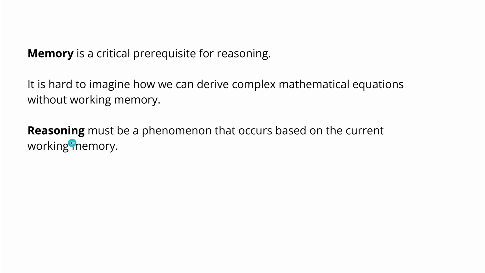Because Google argues in this research paper that reasoning must be a phenomenon that occurs based on the current working memory. So we need to have, in my simple words, a lot of data in our current working memory to be able to access the complexity of tools and the insight and the pre-training and fine-tuning of everything that already happened, to be able to apply advanced reasoning mechanisms and methodologies.